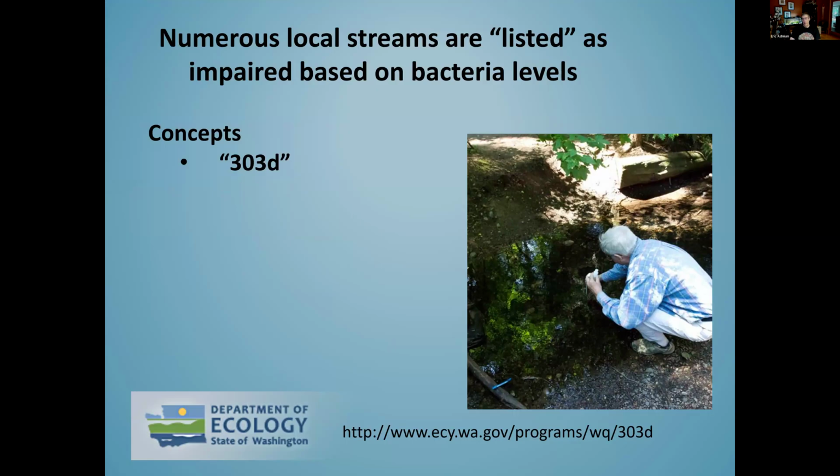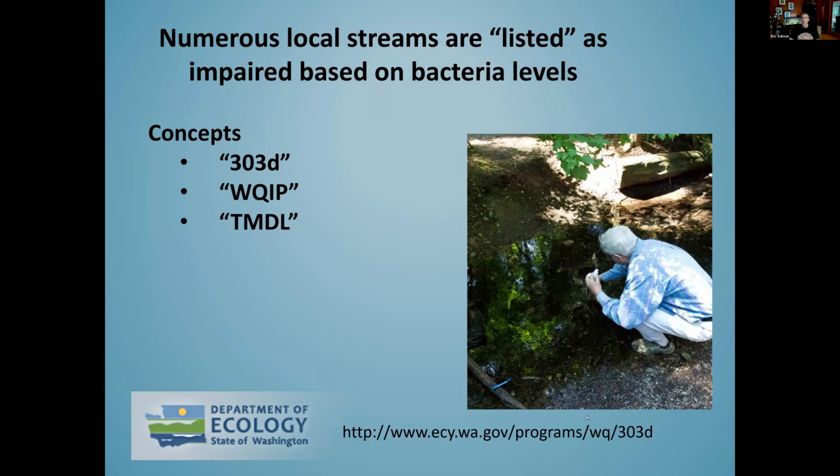And what that means is this is a stream that's documented to have a particular pollutant. In this case, it could be bacteria. So if a stream has been documented and put on this list, then the agency, the jurisdiction that has control over that water body is required to develop a water quality improvement plan.